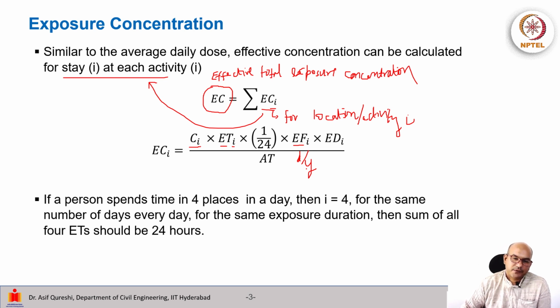So this is our exposure frequency, and then exposure duration 20, 30, 40 years, whatever duration of time, and this is our average time in days.